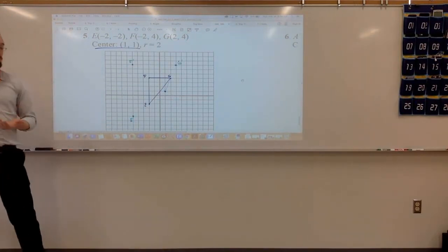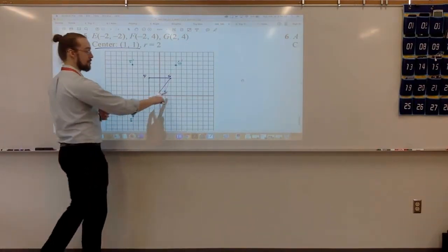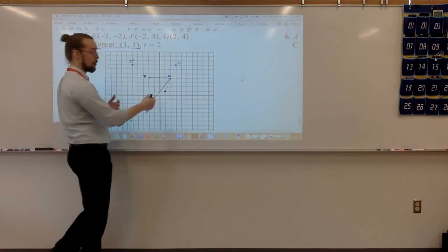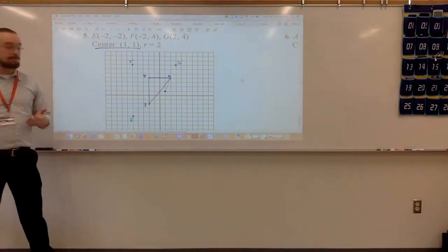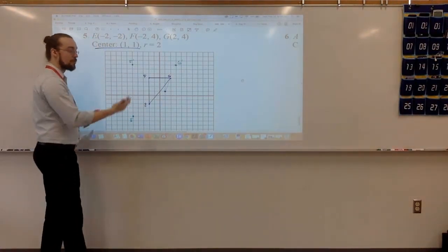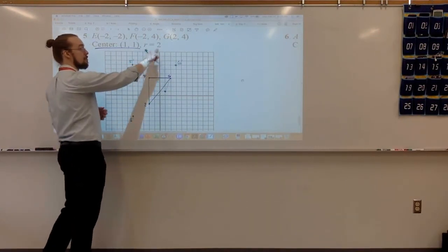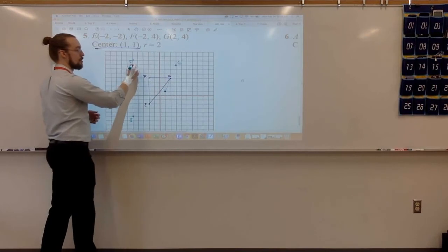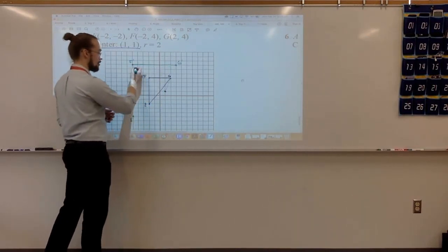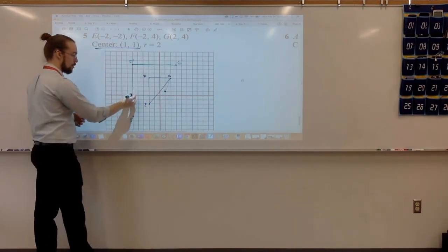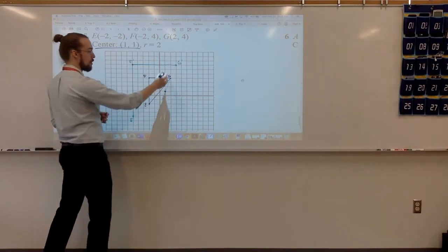Okay, so all I'm doing is finding the distance, and we're not even actually calculating the distance, we're just seeing how far over and then how far up or down we're going, and then in this case, doubling that distance. So this would be where my new triangle ends up.